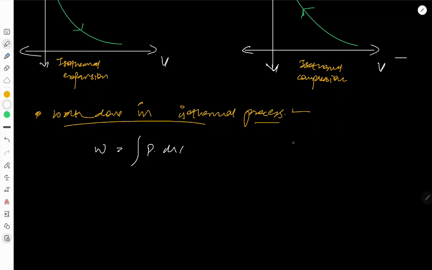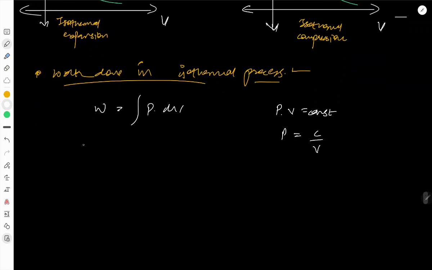Now we know one thing, that temperature is constant, so P into V would be equal to constant. So P would be equal to some constant divided by V. So I am putting that in this equation. Work done will be equal to integration of a constant by V into dV.